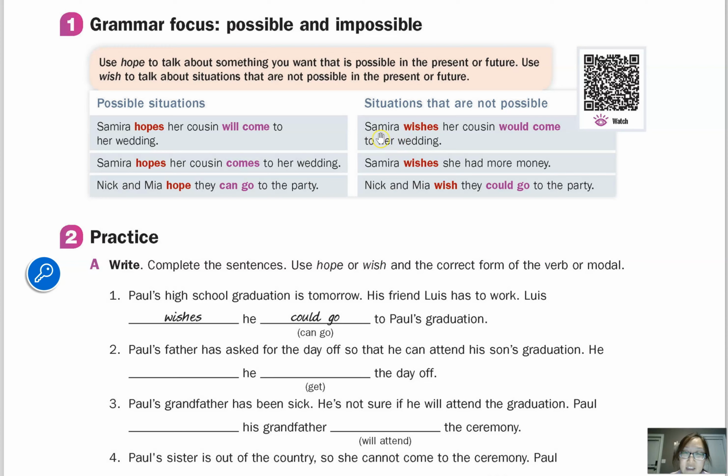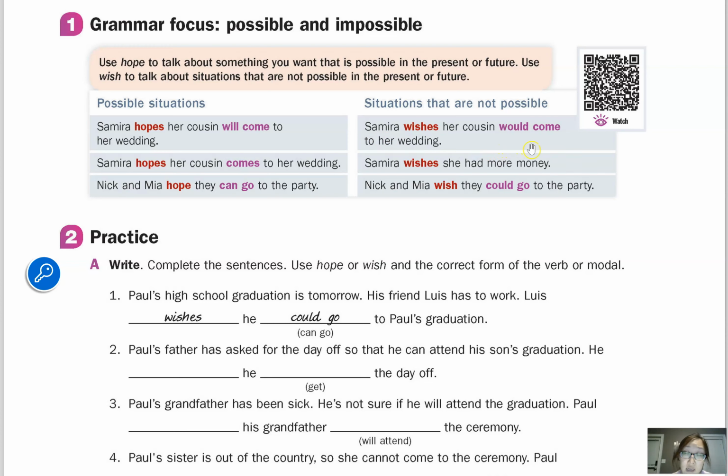So, Samira wishes her cousin would come to her wedding. So this sentence sounds like it's possible for her cousin to buy a plane ticket, but maybe her cousin doesn't want to because of personal reasons. So she wishes her cousin would come to her wedding.